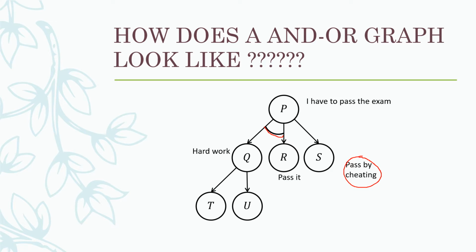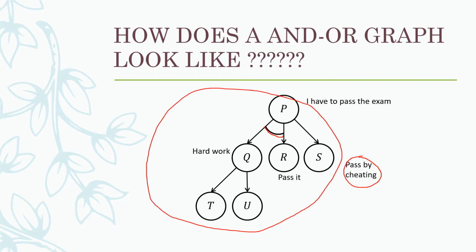So Q and R are connected by an AND arc, and with these two, S is connected with an OR situation. So in this way an AND OR graph works, and together this is an AND OR graph.